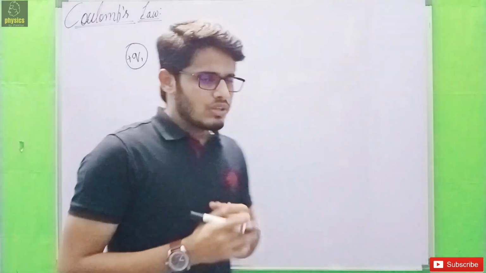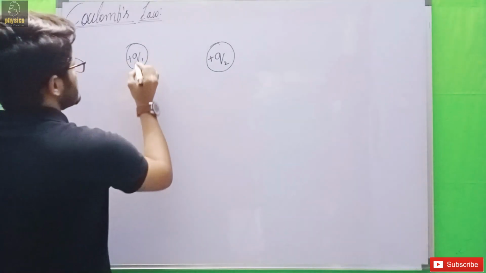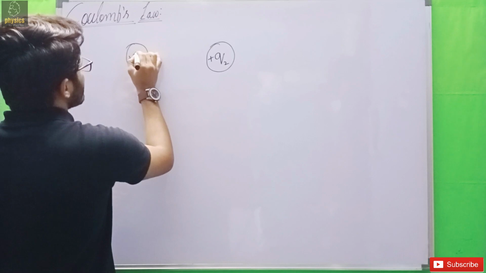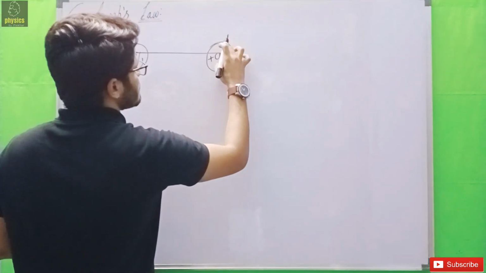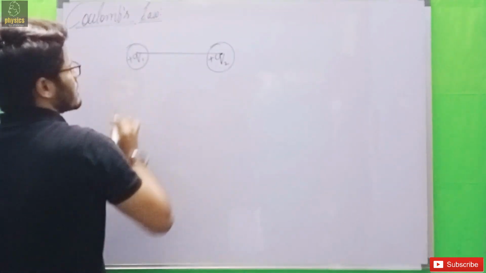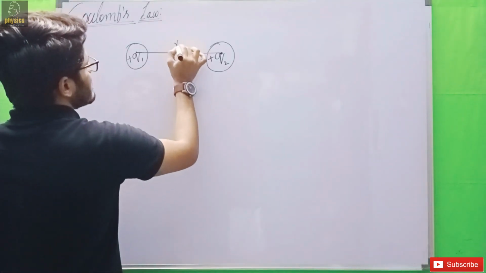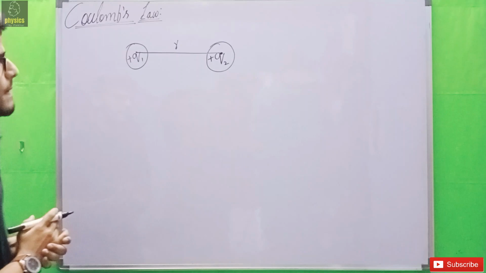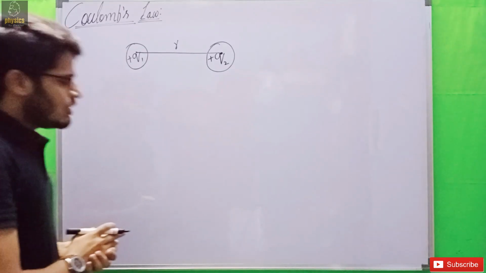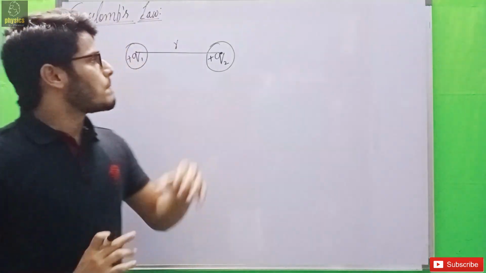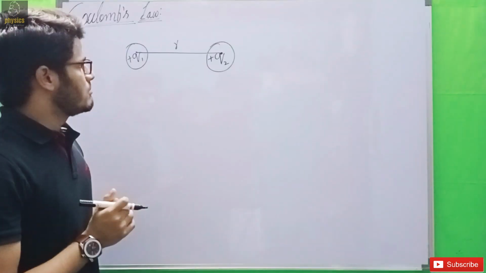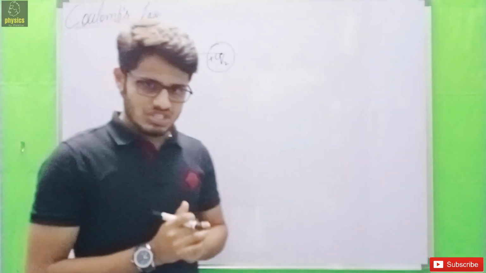They are separated by a distance, from this particle's center to this particle's center. The distance between them is small r. Because both charged particles are positive, they will repel each other.